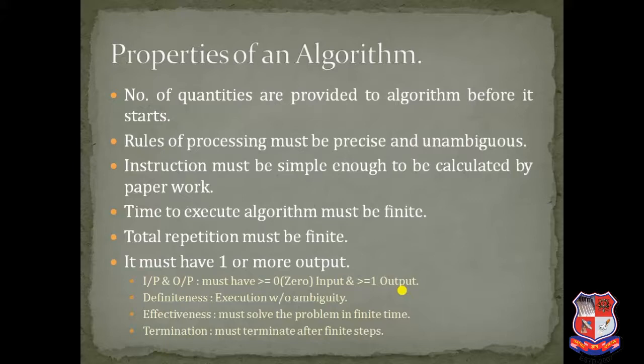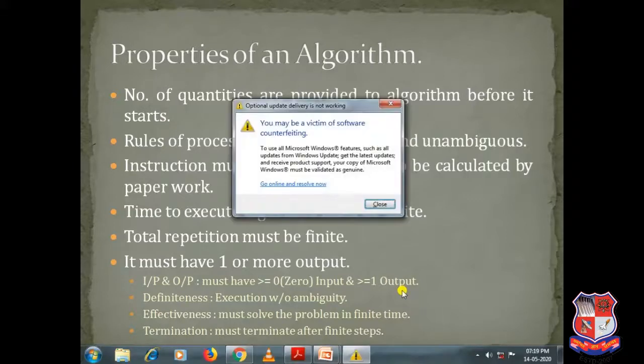It must have one or more outputs. It must have zero or more inputs. It must be executed without any ambiguity. It must solve the problem in finite time, and it must terminate after a finite number of steps.